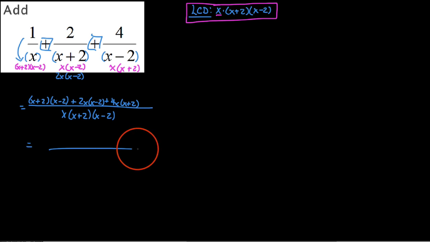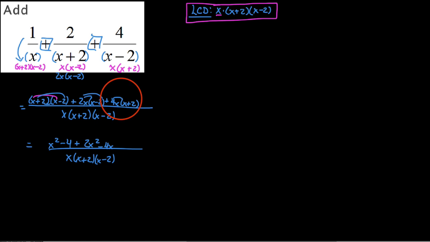So we now have a least common denominator of x, x plus 2, x minus 2. It's just that up here we're going to have to FOIL. Looks like here we say x squared minus 2x plus 2x would cancel out. We get minus 4, so a difference of squares. Plus now 2x squared minus 4x when we distribute this 2x here. And then distributing the 4x, we get plus now 4x squared plus 8x.